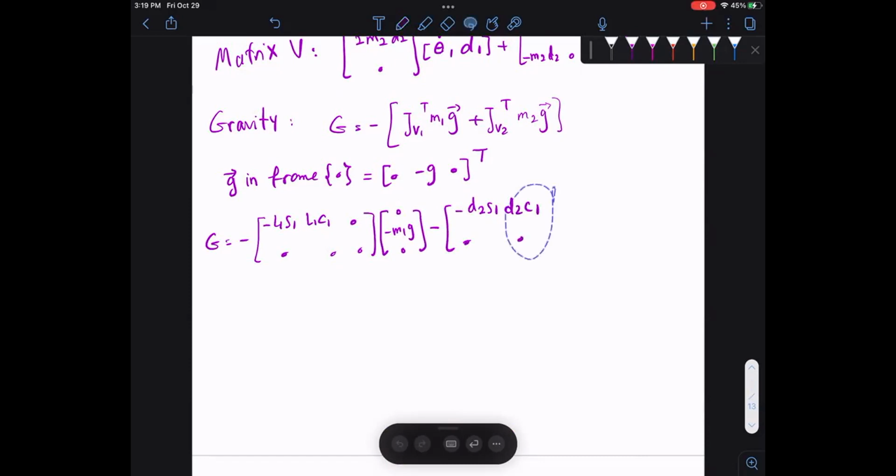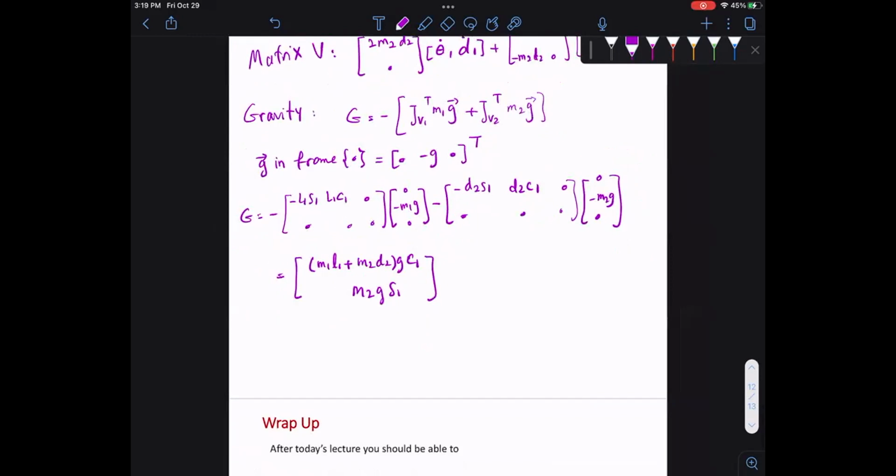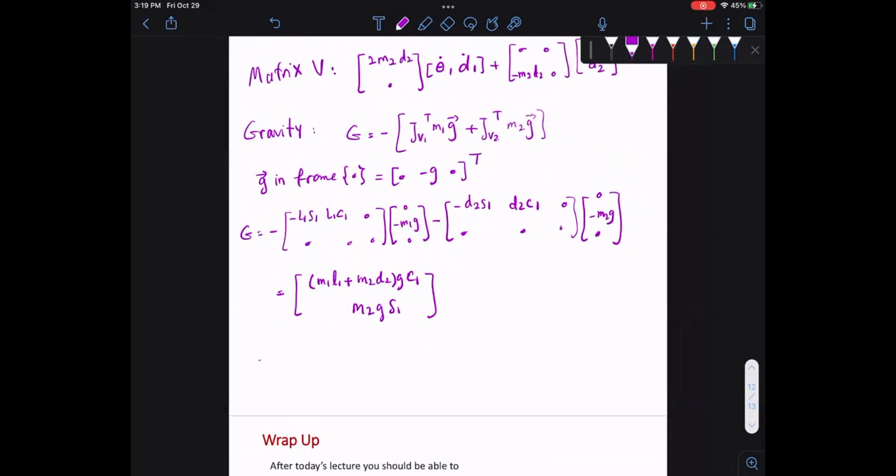This is kind of the same line. And then 0, 0, negative M2G, 0. This will give you (M1 L1 plus M2 D2) G cosine theta 1 and M2 G sine theta 1. So now you have all of them, you put it in the form.